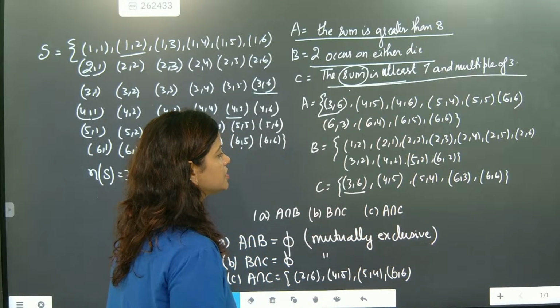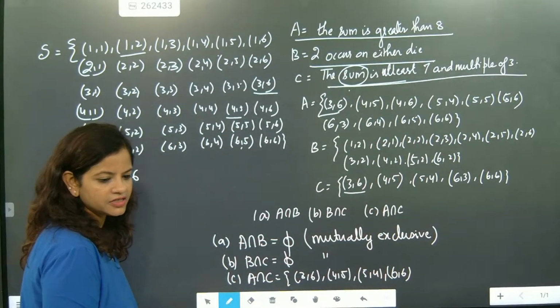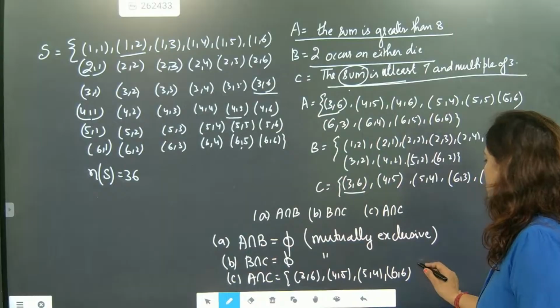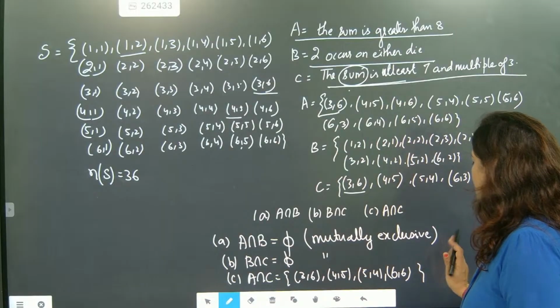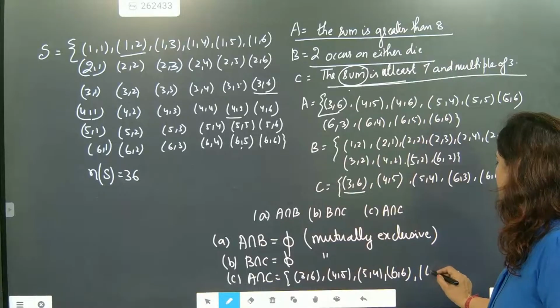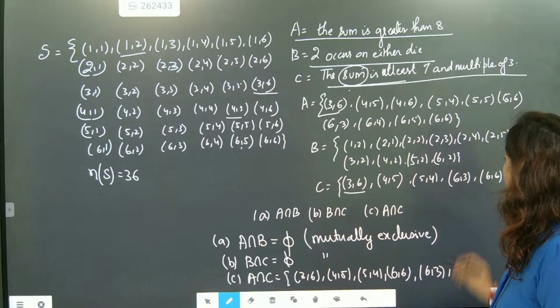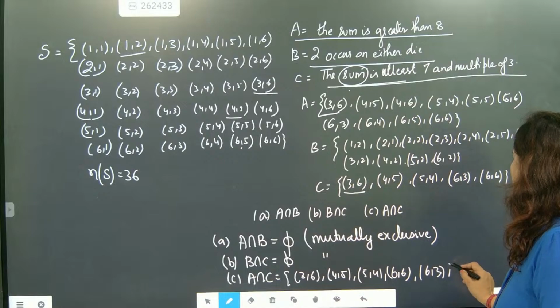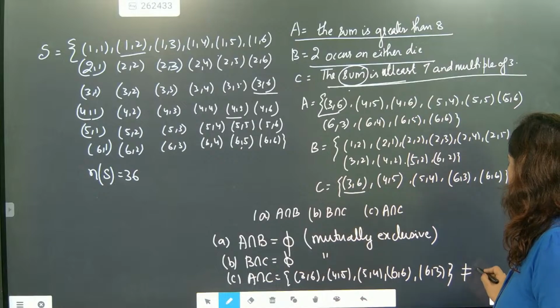So 100% 6 comma 6 is there? Yes. So definitely we are getting common elements. Let's see any other common. 6 comma 3 is also there because 6 comma 3 was 9. So 1, 2, 3, 4, 5, all the elements. So that means it is not empty.